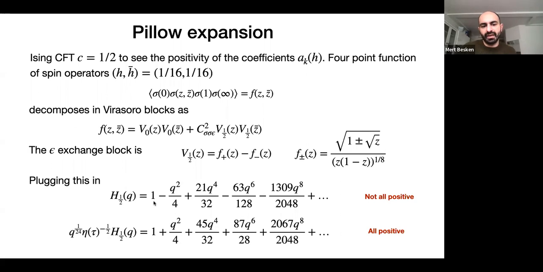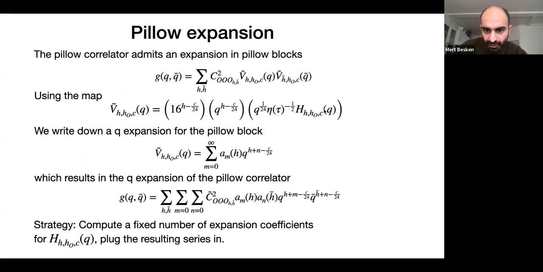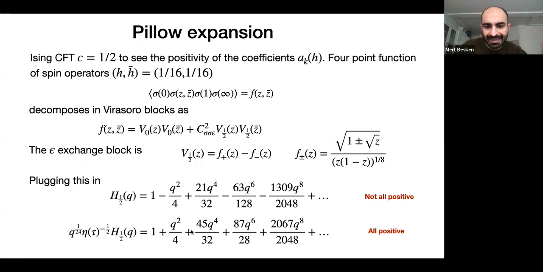And here we are seeing the pillow positivity property at work. If you just expand the H function, you'll have this arbitrary expansion, again with even powers, but with positive and negative, arbitrary signs. But if you look at the specific combination here, we were claiming due to pillow that it's positive, and we are seeing it at work.